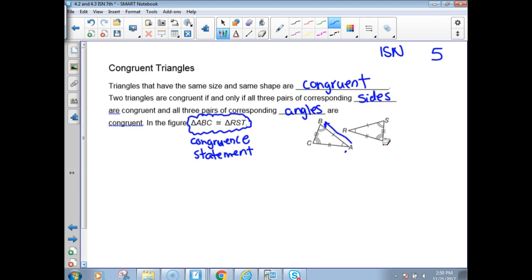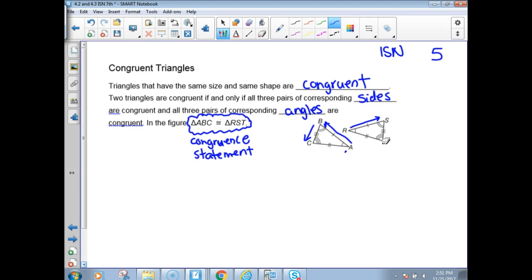Now look at this triangle. Single arc marked on the angle is at R. And then they went to the double marked angle, which is at S. Now, when they went A to B and then to C, they ended at the triple marked angle. Do you see what I'm talking about?